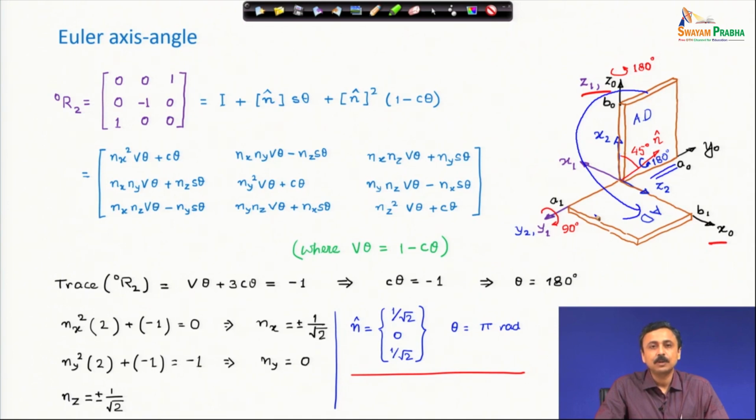So, here in this problem we have solved for the single axis rotation that is required to bring the first configuration to the second configuration, and this procedure will remain the same for any such calculation.